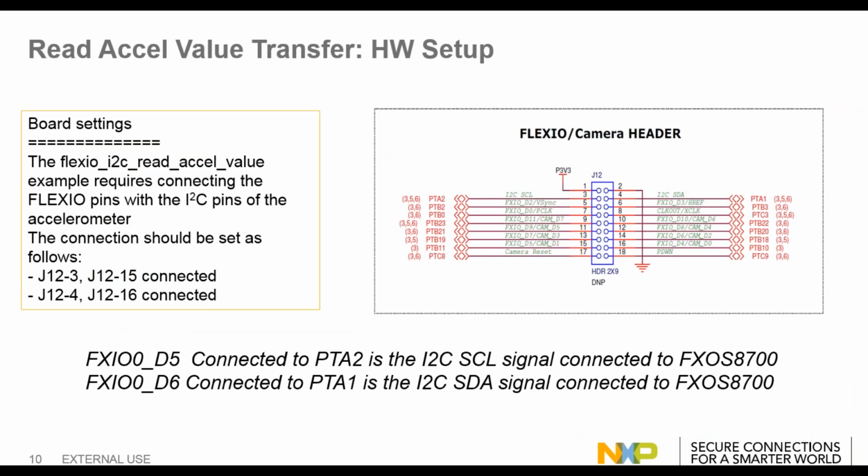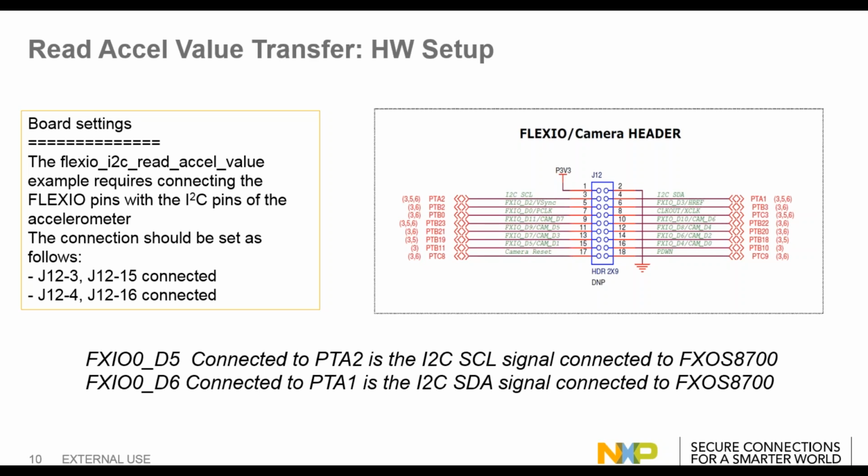So what does this demo require? It doesn't require any additional hardware to purchase, but if you look at the README file, it does require that you connect some jumpers between signals on a header that is on the Freedom KD2F. The reason is because certain FlexIO pins are used to generate the I2C data, and that I2C data needs to be physically connected to the accelerometer.